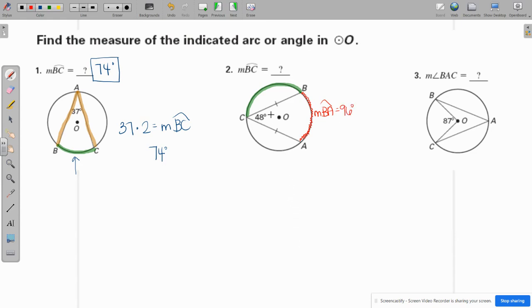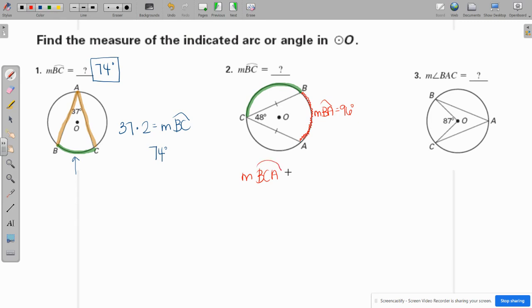Something that's important here is that both of these chords are congruent to each other, which tells me that this arc over here and arc AC are congruent measures as well. So I can figure out the measure of the entire major arc BCA.